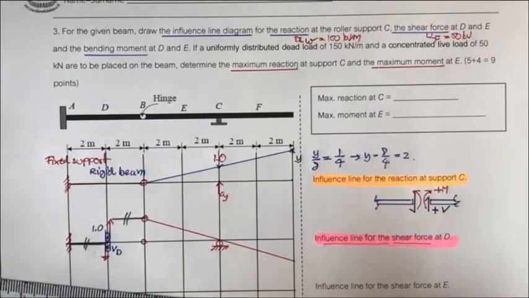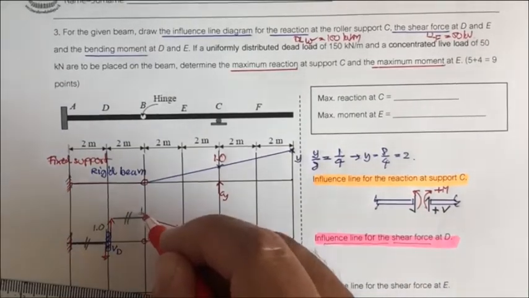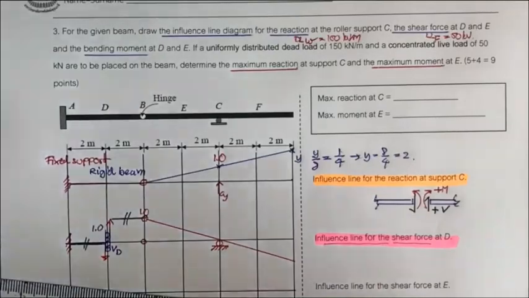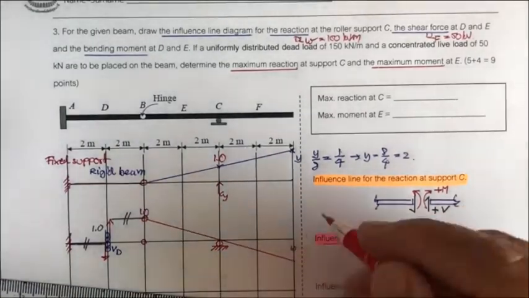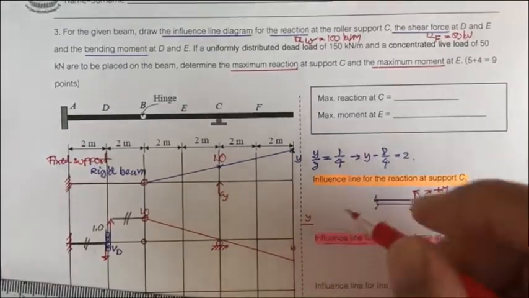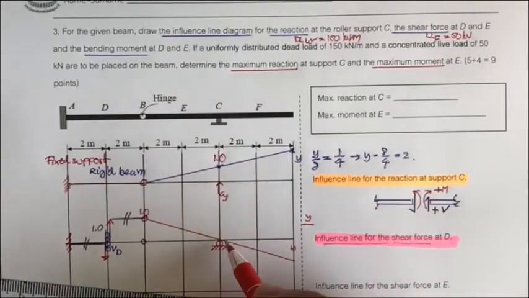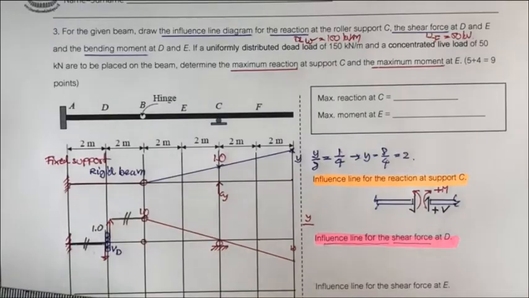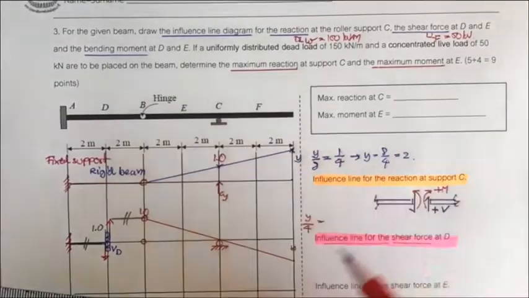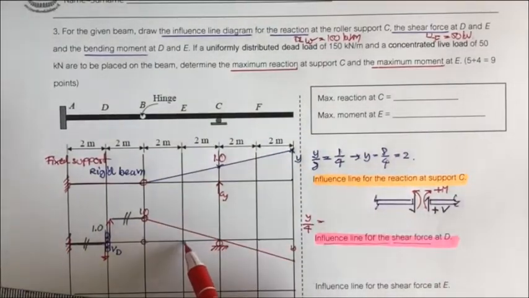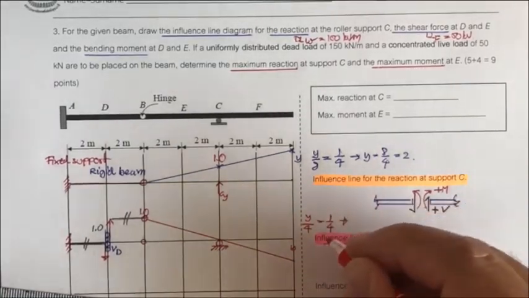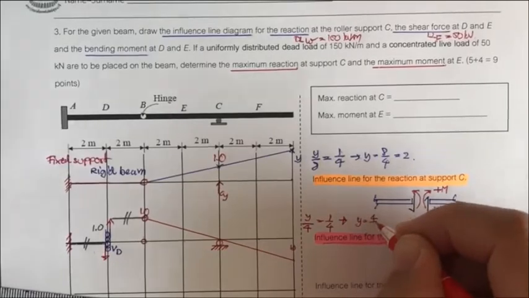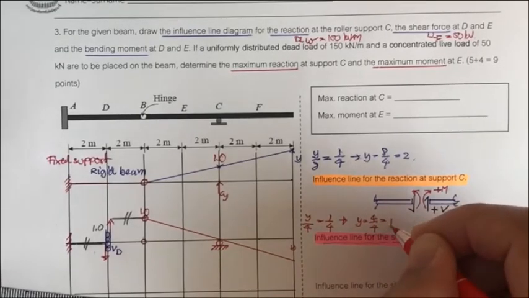This is going to be 1.0 and this is going to be y, so you have y over 4 equal to 1 divided by 4. So you will have y equal to 4 over 4, equal to 1.